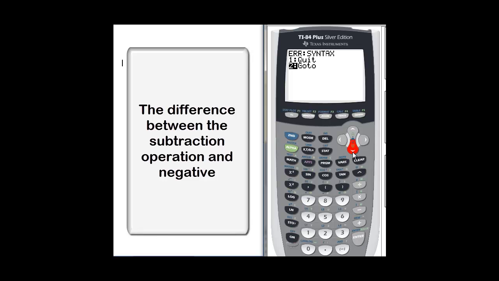If I went to see what my error is, it would highlight this right here saying you used the wrong key there. Then if I wanted to find 6 minus 3, it would give me my answer. So just be aware as you go through that this is the operation of subtraction, where this is making a number negative.